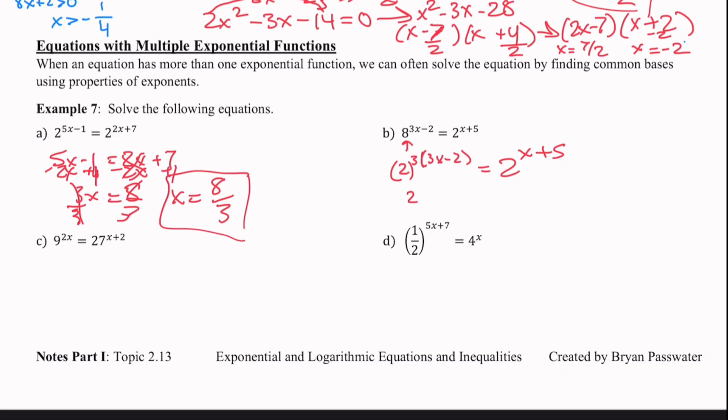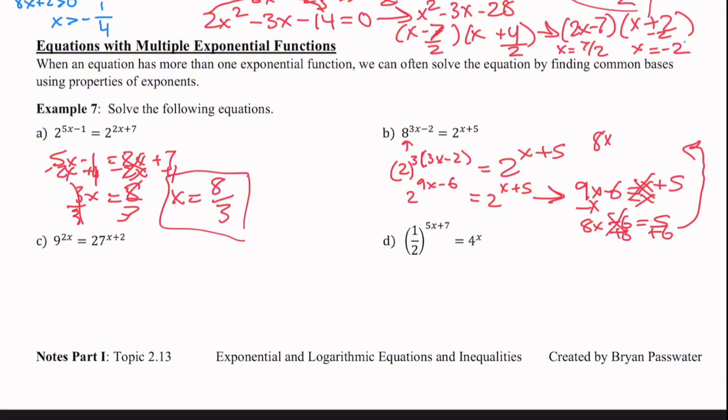So it looks like it's 2 to the power of 9x minus 6 is equal to 2 to the power of x plus 5. And then we can solve it there. 9x minus 6 is equal to x plus 5. X is equal to 11 over 8.